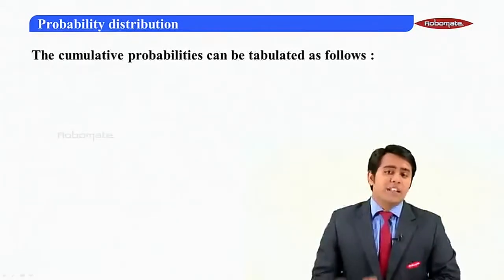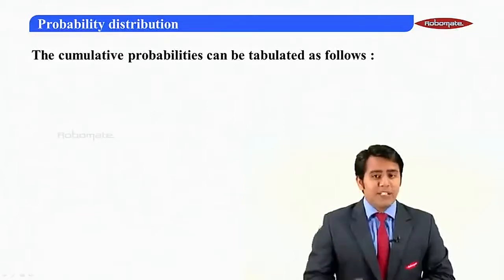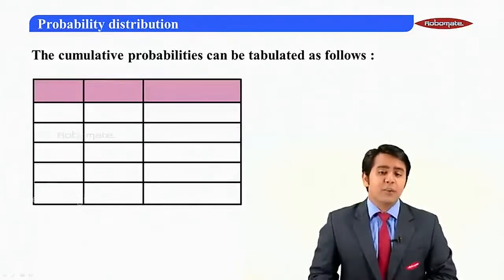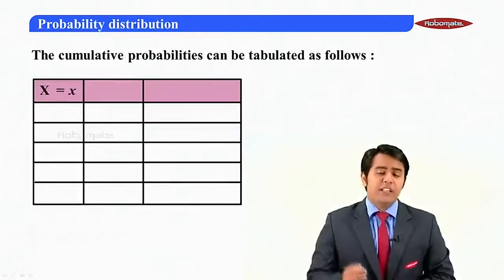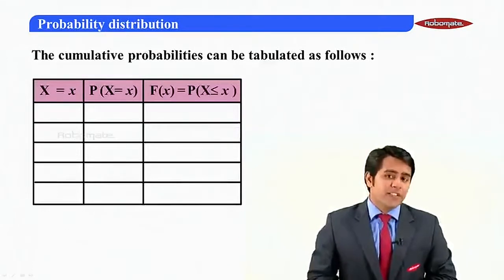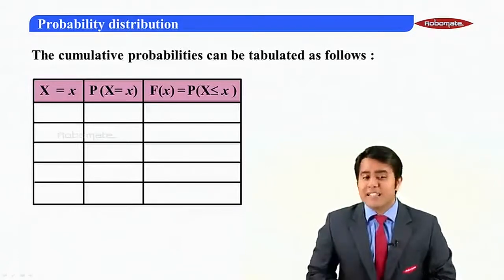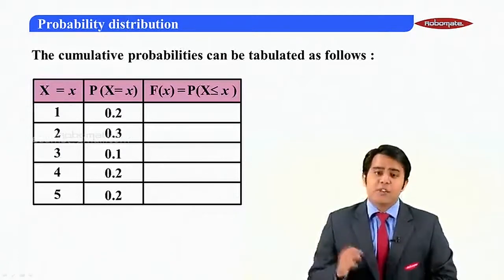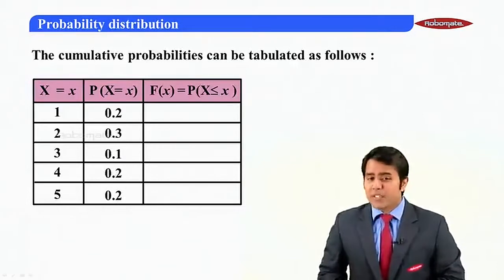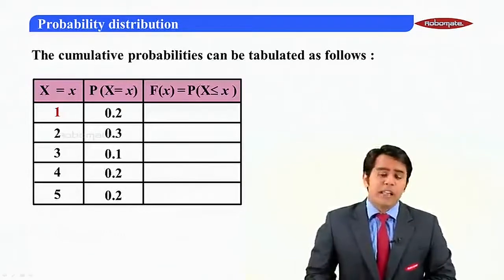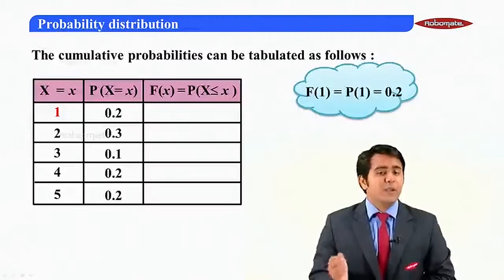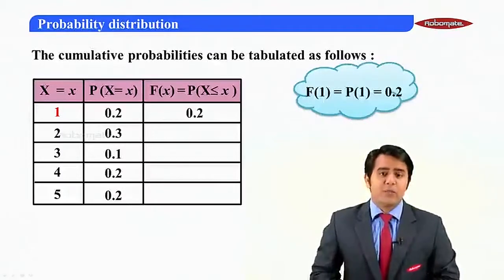Now the cumulative probabilities can be tabulated as follows. So this is your cumulative distribution table. Here I have x, P(x) and F(x), which is nothing but the probability of X less than or equal to small x. For F(1), it is equal to P(1), so it is equal to 0.2.